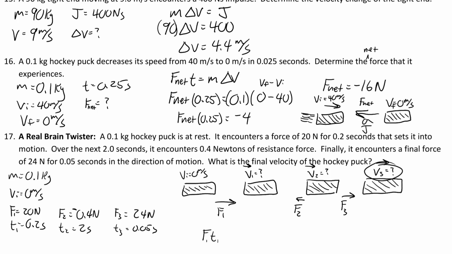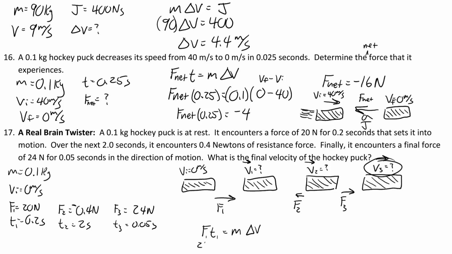So F1 times T1 is equal to the mass times your change in velocity. That's 20 times 0.2, and this is 0.1 times delta V. So 20 times 0.2 is 4, and that equals 0.1 times your change in velocity. Dividing, your change in velocity is 40 meters per second. So now we know V1 is equal to 40 meters per second.